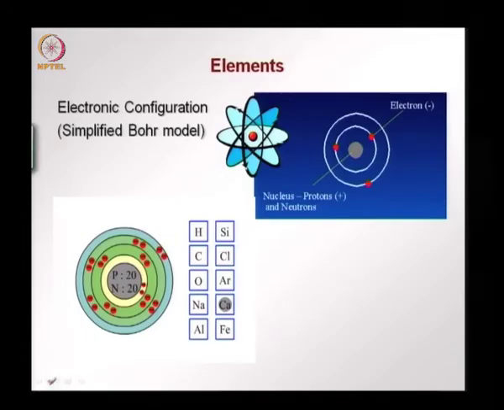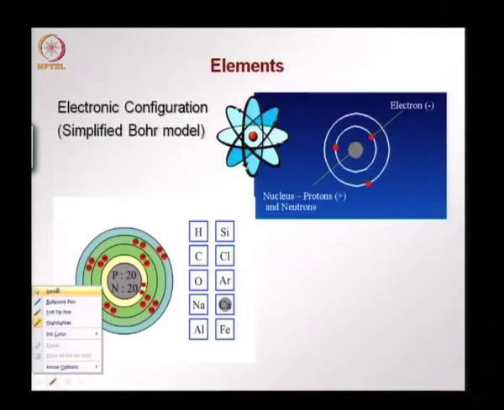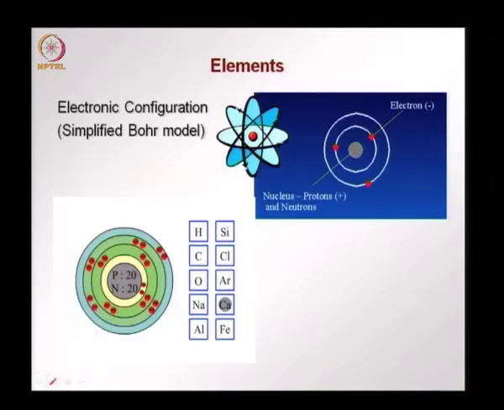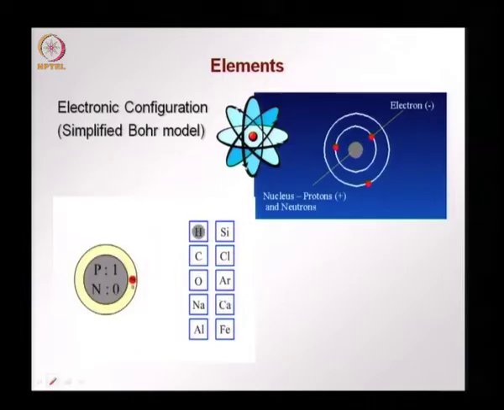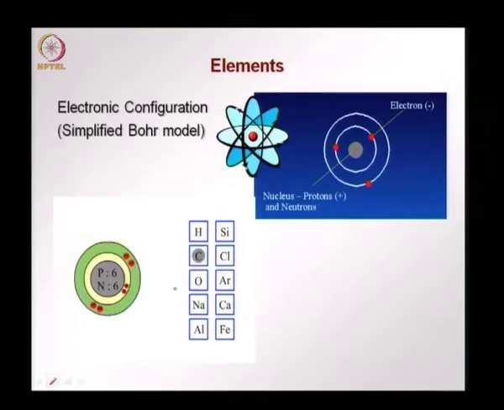Now, when we look at different elements, we have different electronic configurations. Here I will put the figures for some of them. We saw hydrogen having a single electron, carbon has 4 electrons in the outer shell, these are the protons and the neutrons.